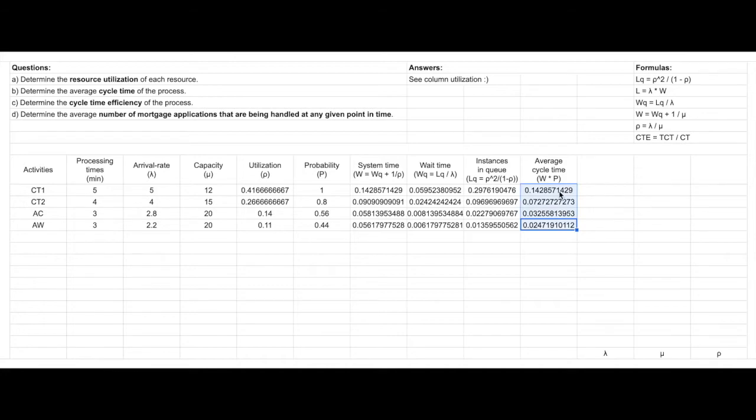Okay. If you find this difficult, think of it as follows. If an activity is only executed for half of the cases, it only adds 50% of its system time to the cycle time of the average case.